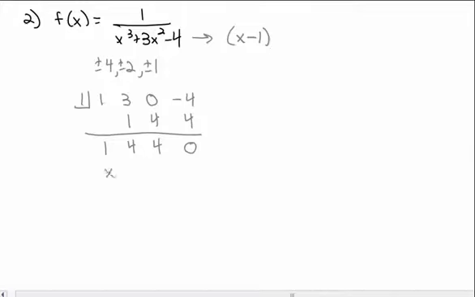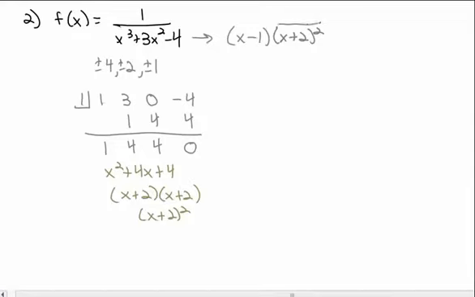What's left then is 1x squared plus 4x plus 4, and you should recognize that that is x plus 2 times x plus 2, or better said, x plus 2 squared. So fully factored using the rational root theorem to help us.